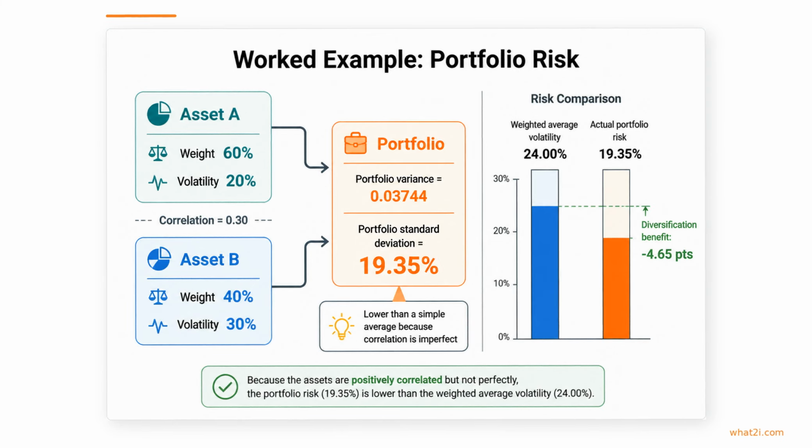A simple weighted average of the two volatilities would have been 24%. That gap, about 4.65 percentage points, is the diversification benefit created by imperfect correlation. In other words, the assets are still risky, but because they do not move in lockstep, the portfolio swings less than the average of their standalone risks.